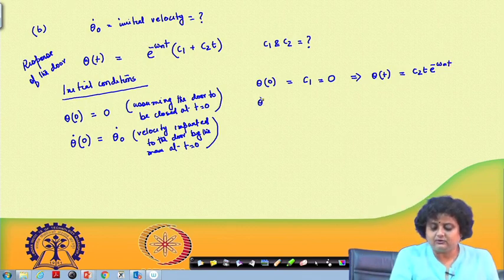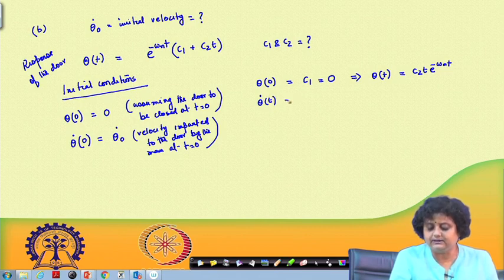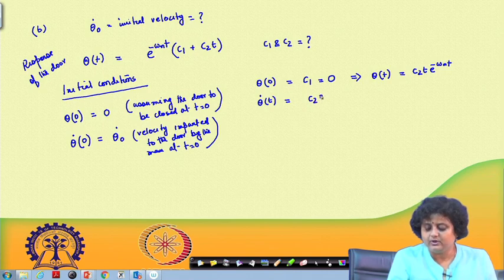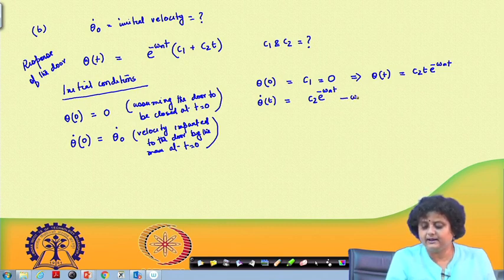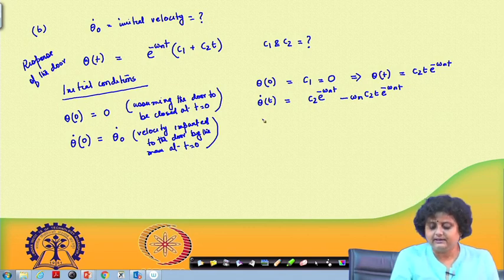Then let me find out theta dot t. Theta dot t is going to be C2 e to the power minus omega n t minus omega n C2 t into e to the power minus omega n t. I have just differentiated this. Therefore, what is theta dot 0?